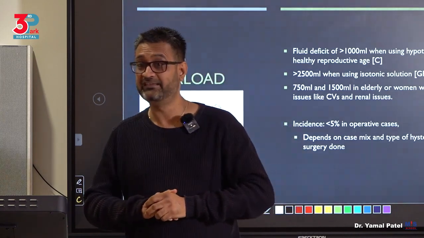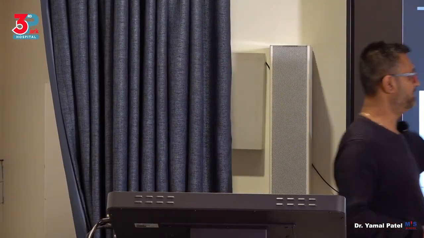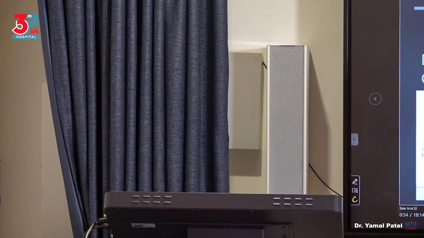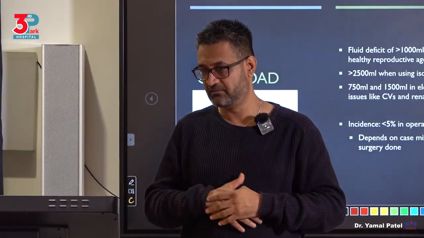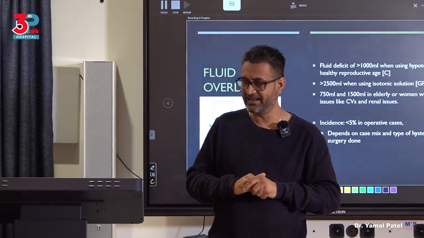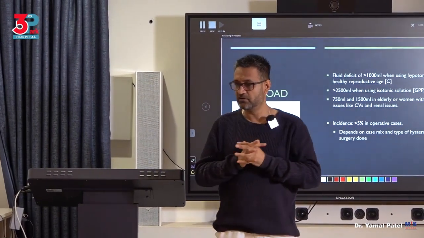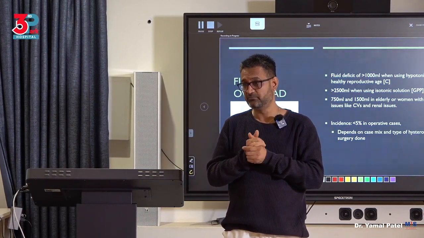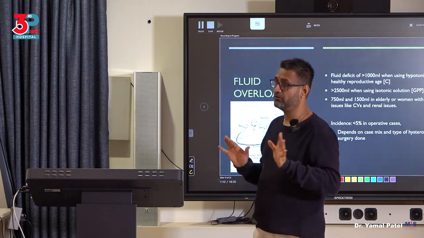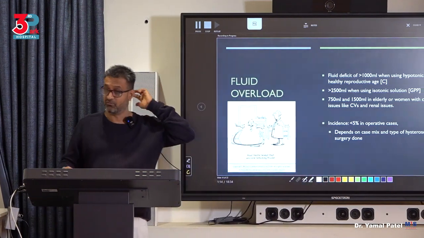So know when to say stop. In saline, it's 2.5 liters, 2,500 ml. Stop the procedure. I mean it. Stop the procedure. Terminate the procedure. Okay? And then reverse the patient, let her recover, talk to her later, tell her we will do a second procedure, second sitting. It's allowed. But you're safer that way than to deal with the overload issues.